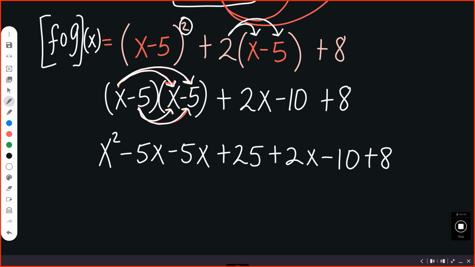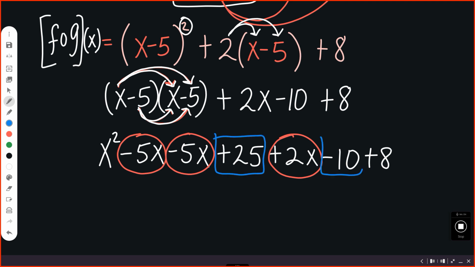Now, my like terms are here, here, and here. The other ones, the constants, are these. That's how we separate them and see. I don't have a like term for x squared, so I'm just going to rewrite x squared.